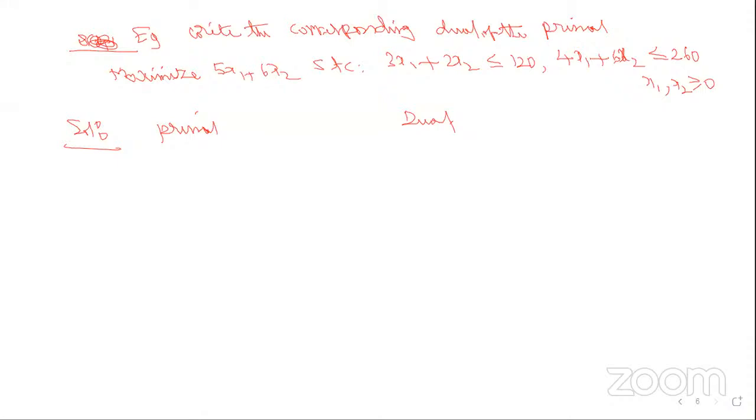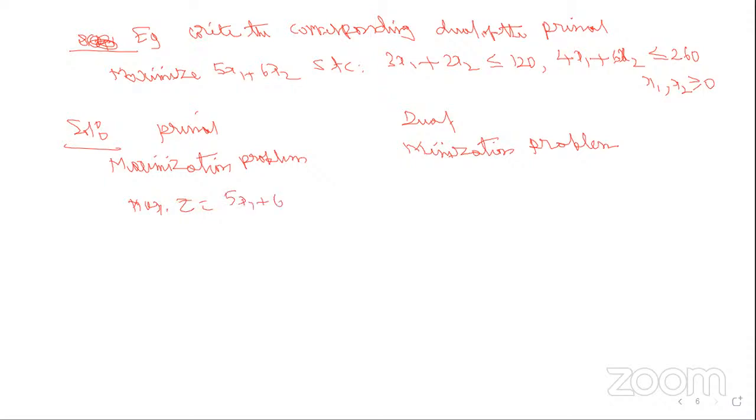So this is maximization in the primal; in the dual it is minimization. My primal is max z equal to 5x1 plus 6x2.